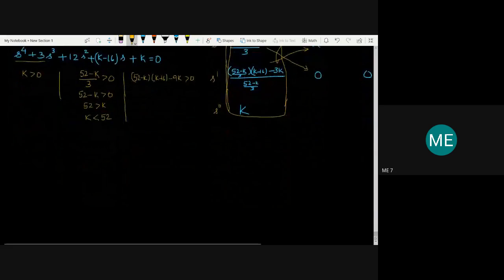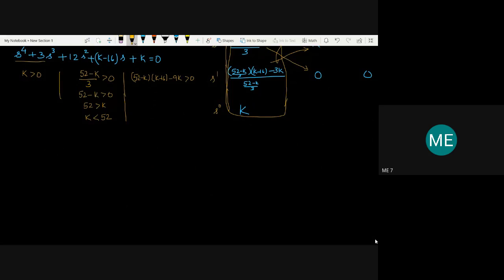That is, if I multiply this 52 and so on, I'll be getting 52 into k, 52k minus 52 into 16, which is 832, minus k square plus 16k minus 9k is greater than 0.